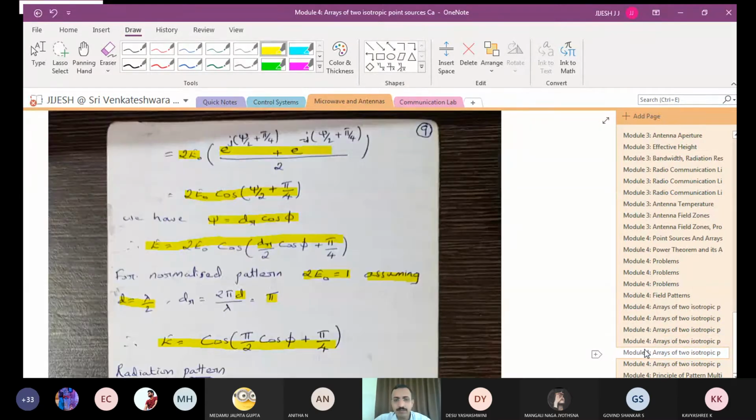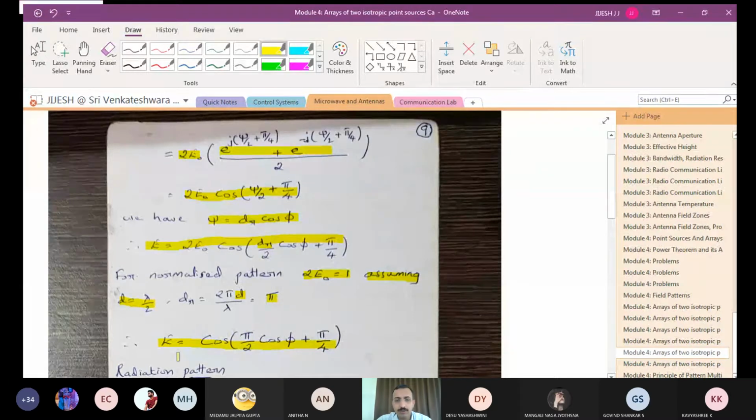Now it's time for us to go for the radiation pattern, and by using this equation, E is equal to cos of pi by 2 cos phi plus pi by 4. So we have to see how this equation, E is equal to cos of pi by 2 cos phi plus pi by 4, is going to be put in the form of a pattern.